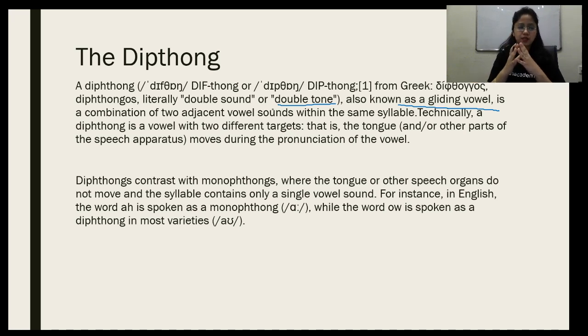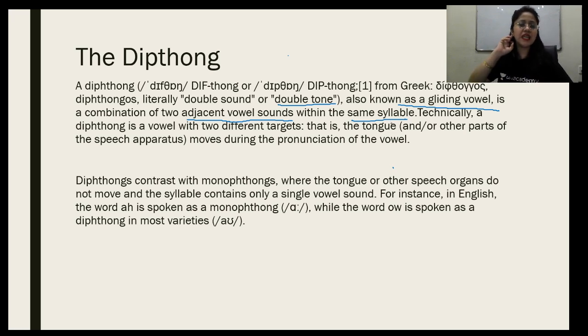So, two sounds which are side by side within the same syllable. Technically, a diphthong is a vowel with two different targets, that is the tongue and all the other parts of the speech apparatus, which move during the pronunciation of the vowel.